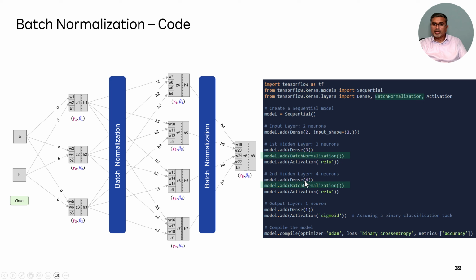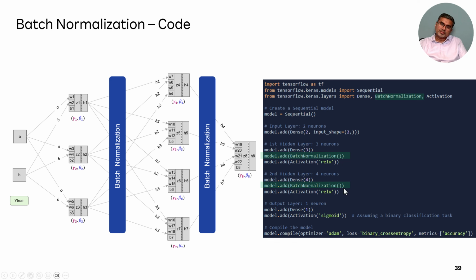For the second one, you add the number of neurons, 4. Then you add a batch normalization layer, and then you add the activation layer. It's as simple as that. And this will take care of inserting the right logic within your neural network training, computing the correct gamma and beta values, and so on during backpropagation.